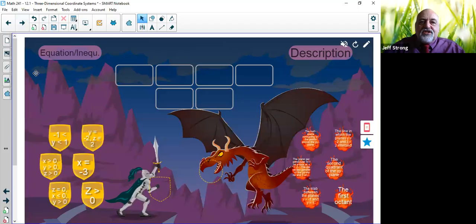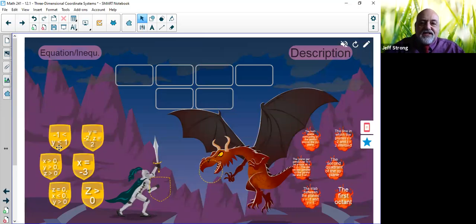Okay, so we have equations and inequalities over here, and their descriptions over here. The idea is to match them up.